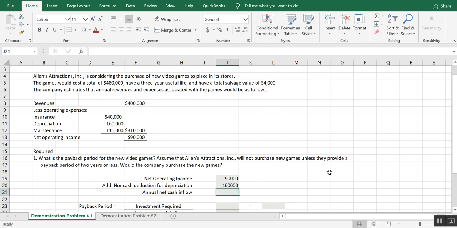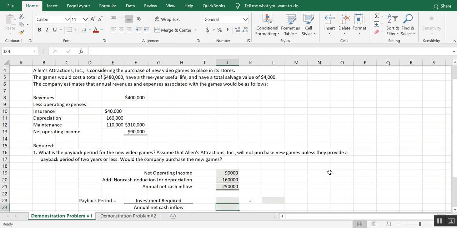Remember, if we're interested in cash flows, we don't want to include depreciation in the calculation because depreciation is a non-cash expense. So we have this annual net cash inflow now.